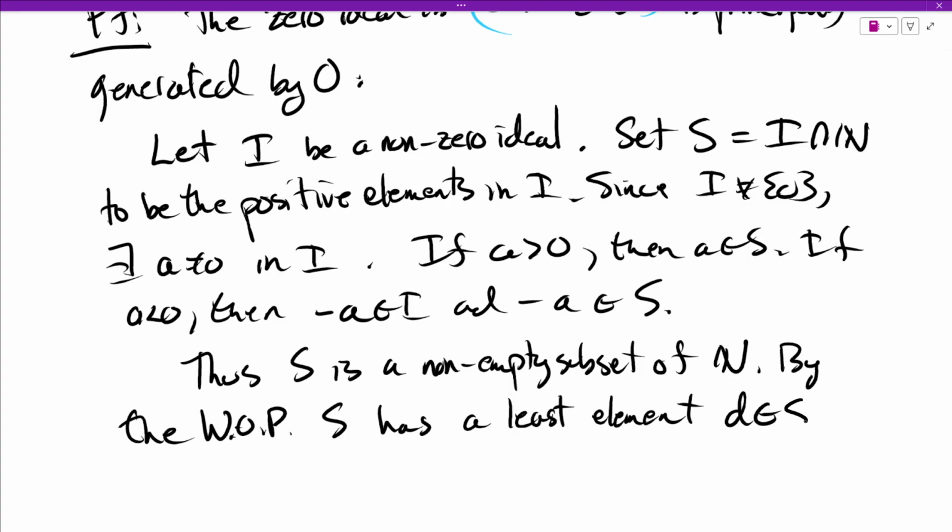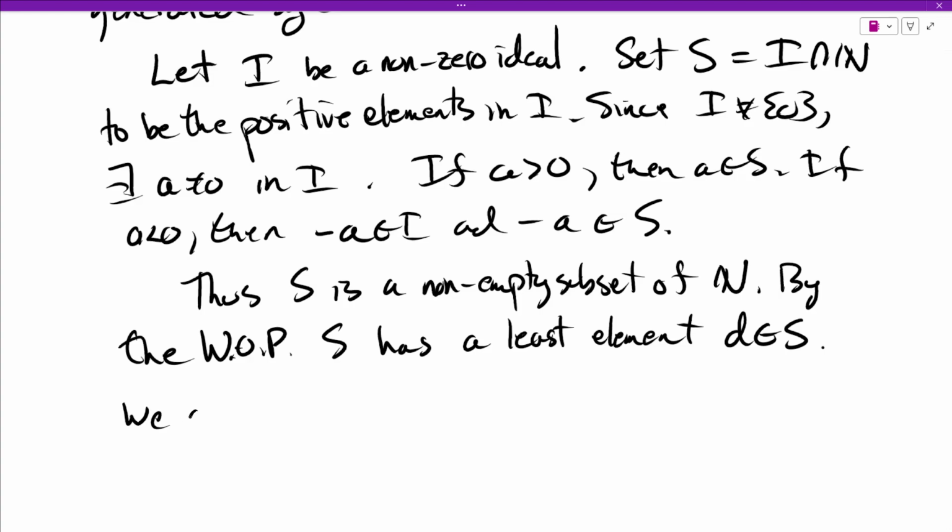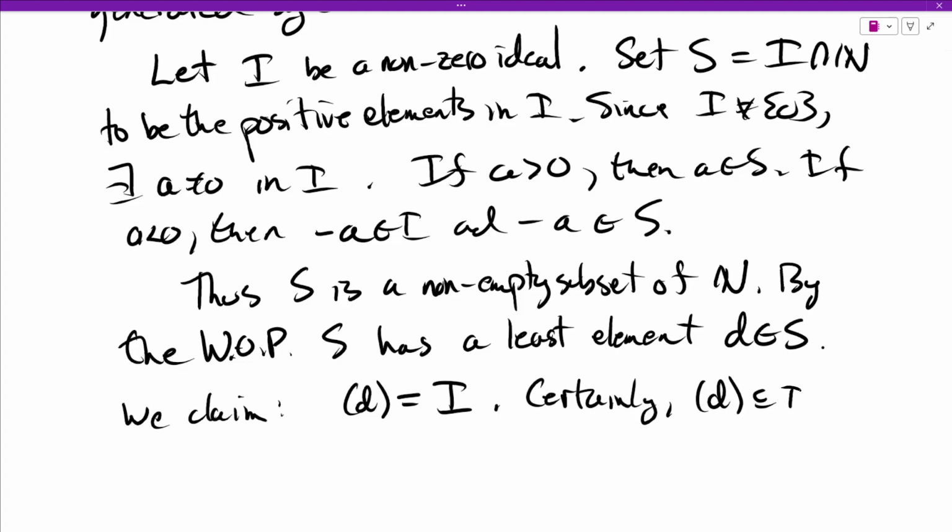I'm going to say D is in S. We claim that the principal ideal generated by that least element is all of I. Well, certainly the principal ideal generated by D is contained in I, as D is in I. So all multiples of D are in I.